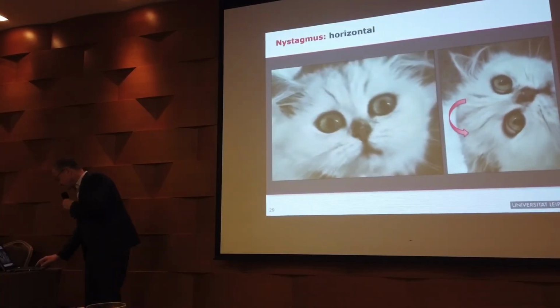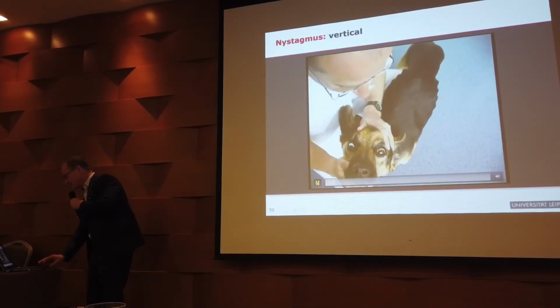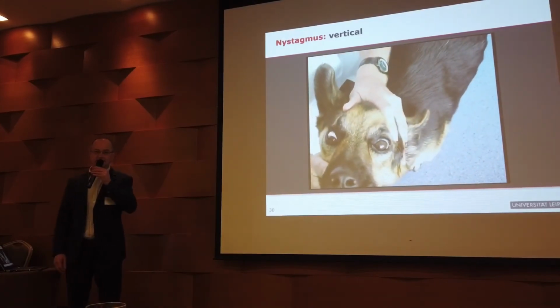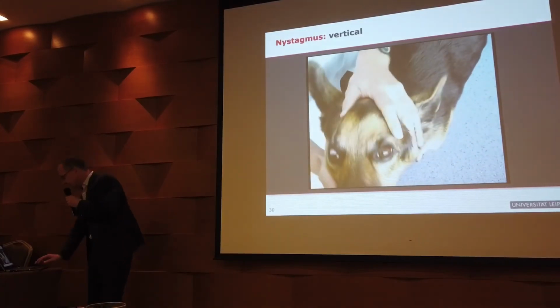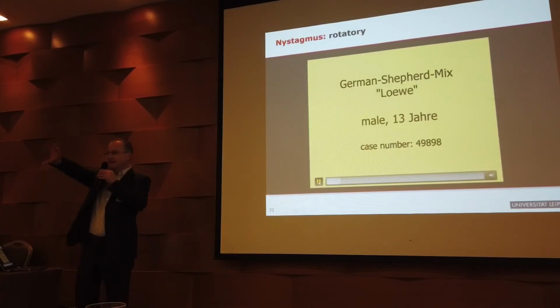That is horizontal nystagmus. Now we have an example of vertical nystagmus. It's really going up and down. I believe those two are relatively easy to recognize. It's more difficult to see a rotatory nystagmus, where the eye is rotated along the long axis.